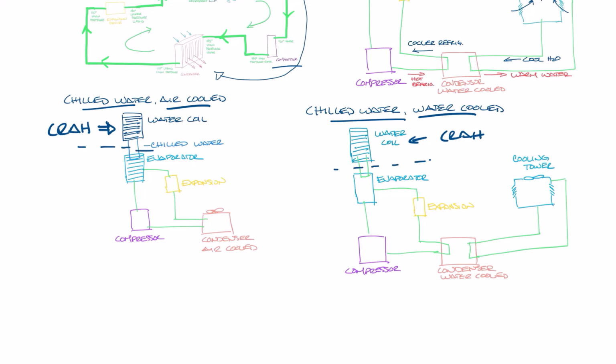So above this line is the CRAH unit, and below is the chiller. The chilled water for this coil is chilled by passing through the refrigerant that is passing through the evaporator of the chiller. For an air-cooled chiller, fans blow air over the condenser to reject the heat. In a water-cooled system, everything's basically the same, except instead of the chiller having a fan blowing air over the condenser to reject heat, the heat is rejected at the cooling tower.